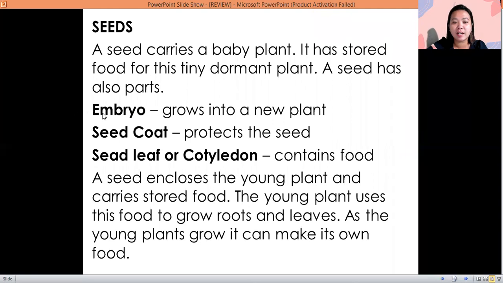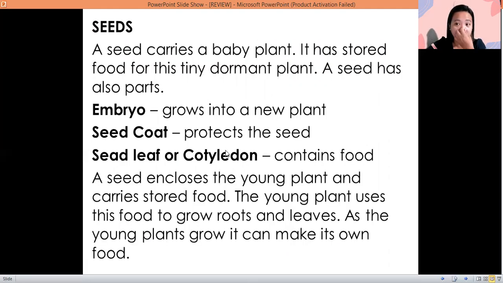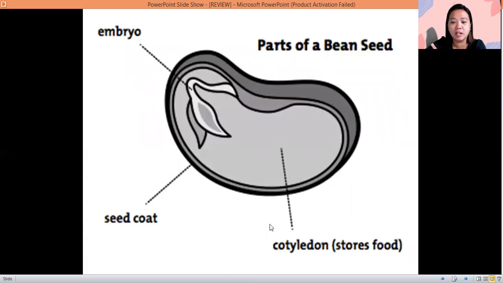These are the parts of the seed. We have the embryo, and the seed coat, the covering that protects. And we have the seed leaf or cotyledon. It contains the food.